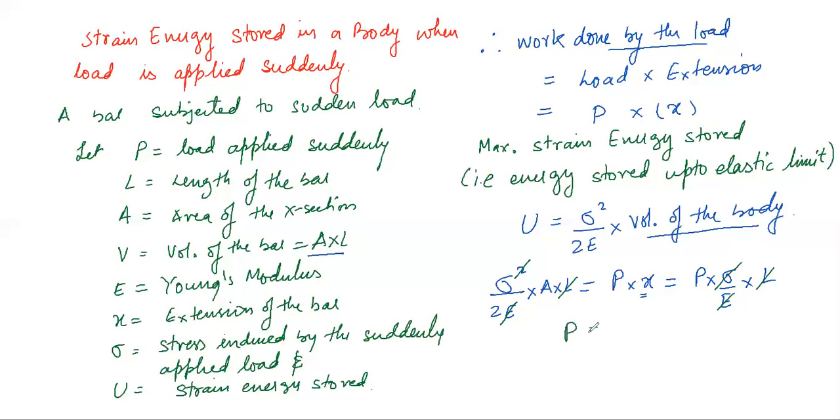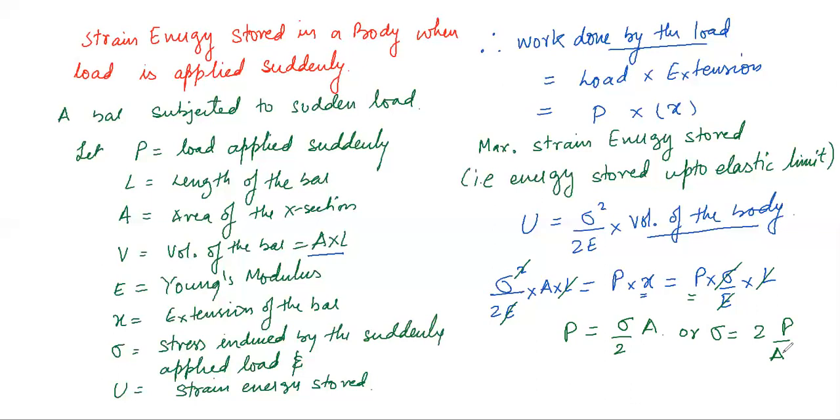The value of P is defined as sigma by 2 into A, right? Or the sigma can also be written as twice of P by A.